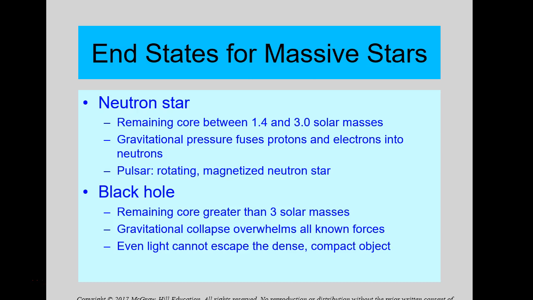So 300,000 kilometers per second, as opposed to 11.2. And so that's why we call them black holes, because they're so dense that the escape velocity is greater than the velocity of light.